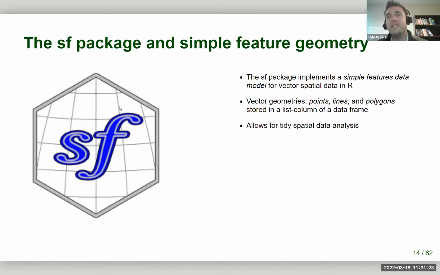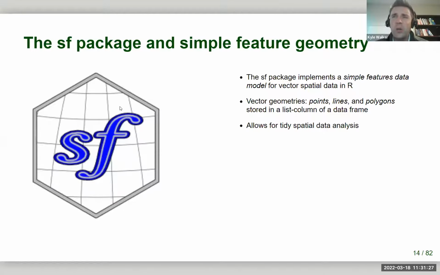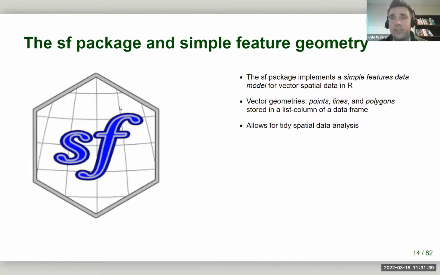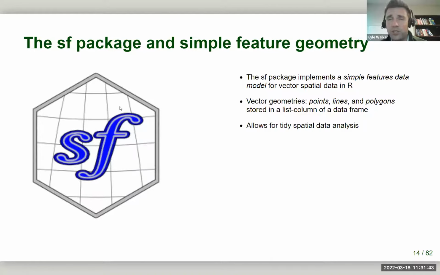And that is implemented in the SF package, which stands for simple features, which is really the main one. There are a lot of GIS software packages in R, but SF is really the main one. And SF implements a simple features data model for what we call vector geometries, which I'll cover in greater detail in just a moment.